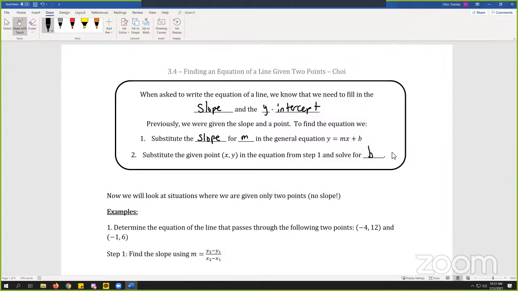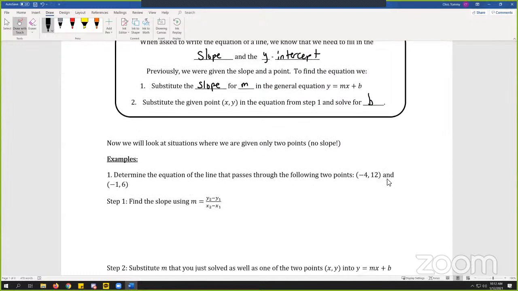So we literally just talked about this concept, and now we're saying, let's look at another situation where you're not always going to be given that slope. That's the fact of the matter. So what now? Let's look at situations where we're given only 2 points with no slope.